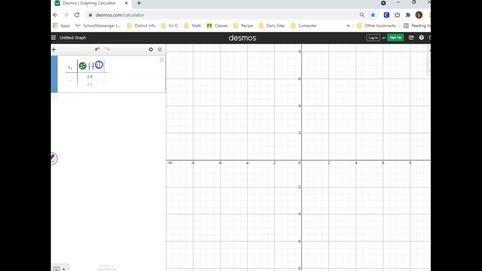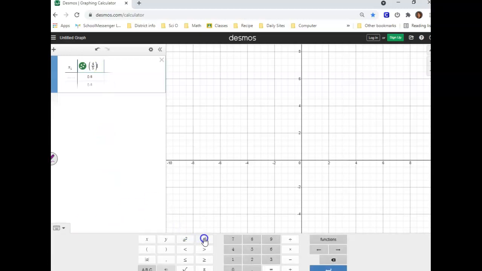Oops. I need that always in parentheses. Then I'm going to go down here and change it to x1. And then I need 5 values, so I'm going to use a couple negatives. I'm going to do 0, 1, 2.